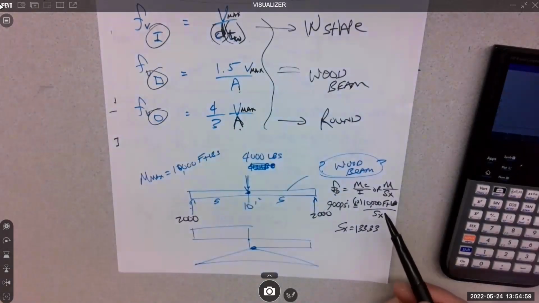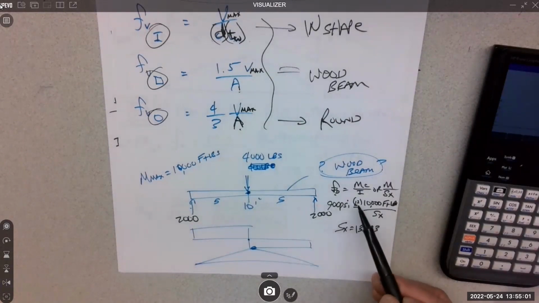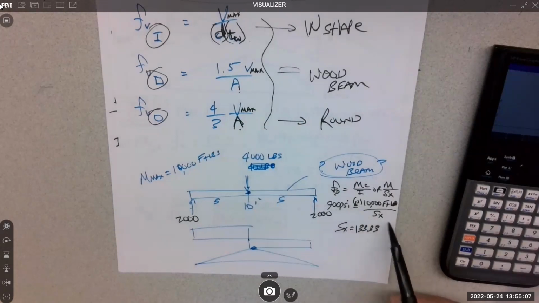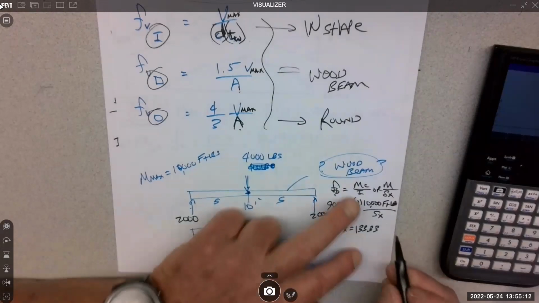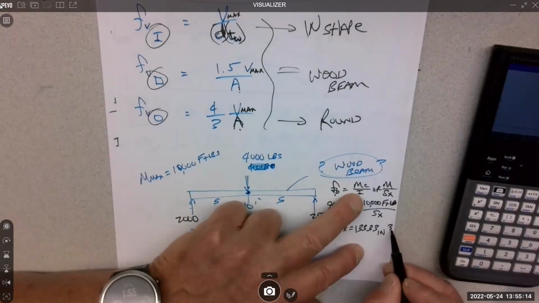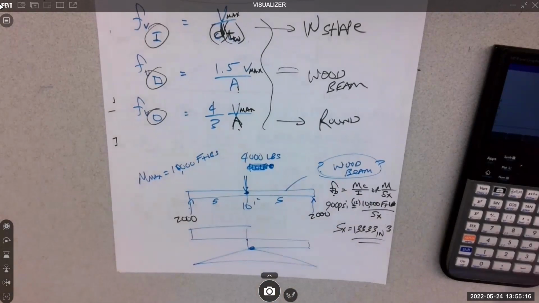And the units: the feet cross, so I have inches above, and pounds per square inch down below. The per square inch flips up, and I should be left with inches to the third, which is a weird unit, but that's the SX unit.